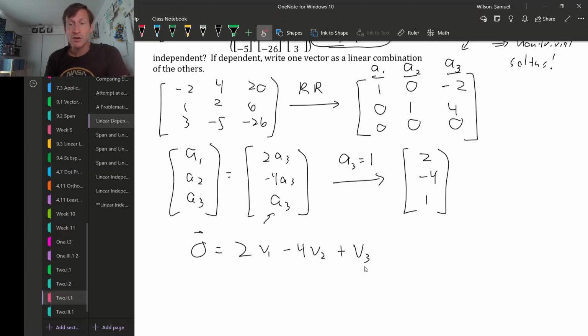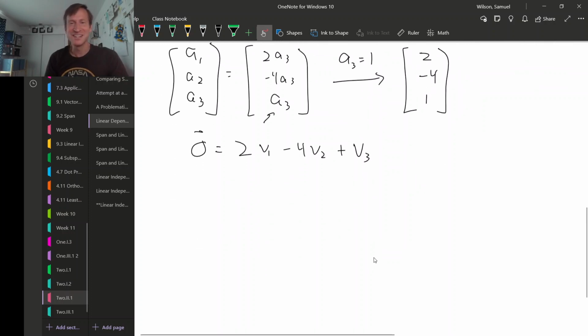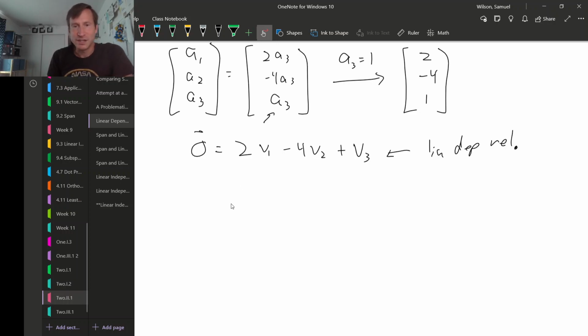Now remember, we can choose any vector that has a non-zero coefficient and use it to write that vector as a linear combination of the others. So here we really have a choice because every vector has a non-zero coefficient. So here's our linear dependence relationship. We could write v1 as a linear combination of v2 and v3.